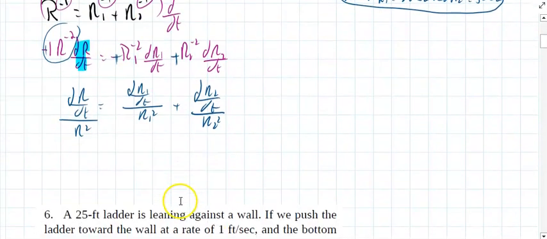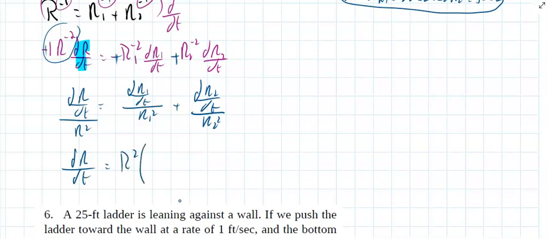And if I cross multiply, I'll get the change in the total system is R squared times dR1/dt divided by R1 squared plus dR2/dt divided by R2 squared.